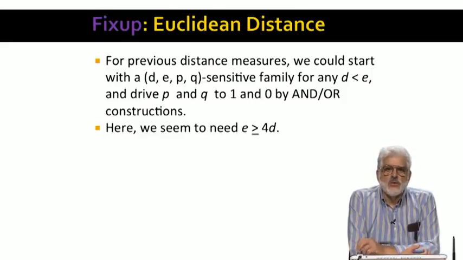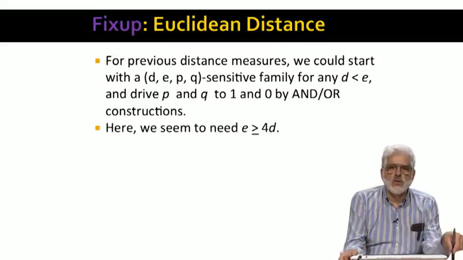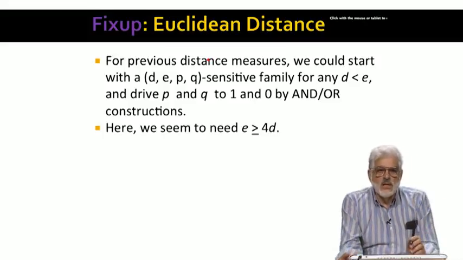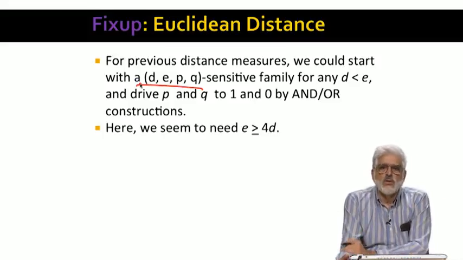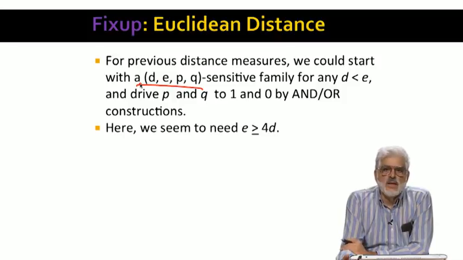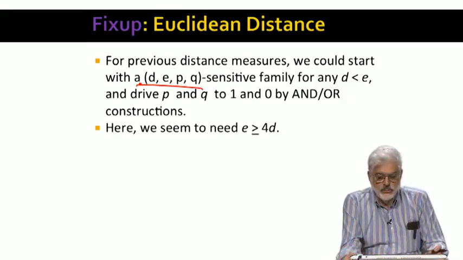For min-hashing or random hyperplanes, we were able to start with a (d, e, p, q)-sensitive family for any d and e as long as d was less than e. And we could then drive p to 1 and q to 0 using the AND and OR constructions. Here we don't seem to be able to get d and e to be as close as we want. We seem to need e to be at least 4 times d.